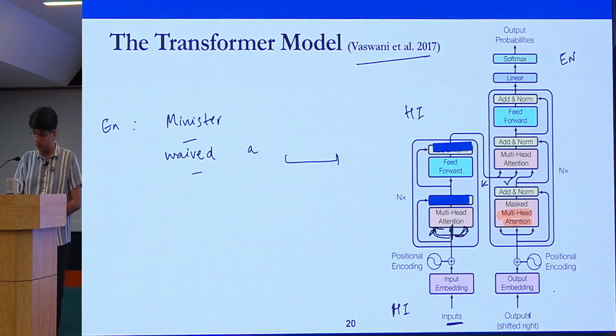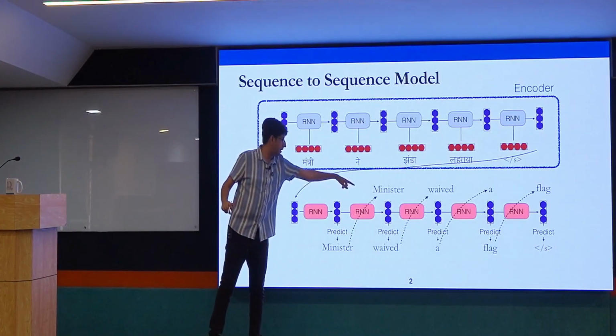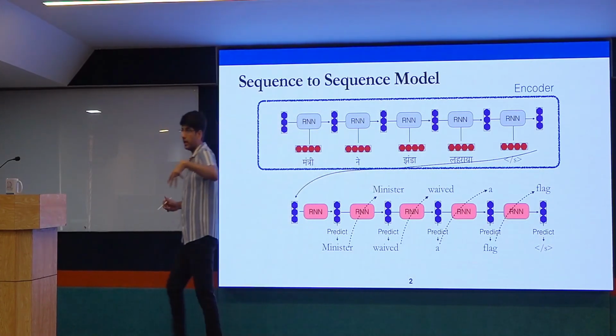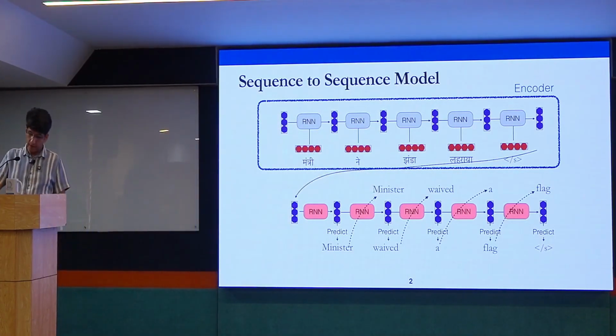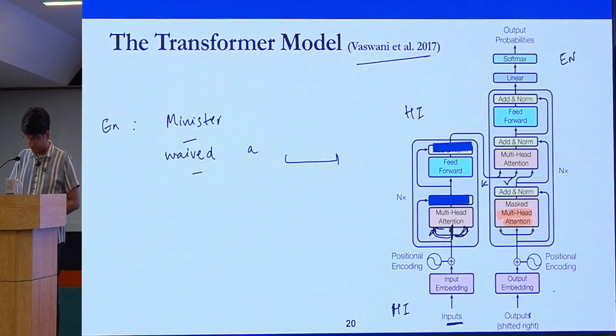Similar to the RNN case, similar to the very first slide we talked about in this class, you have to feed minister here to the decoder RNN. Very similarly, you have to feed the outputs that you have produced so far to the decoder.